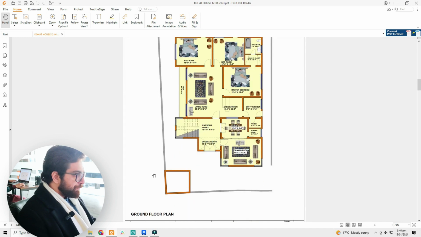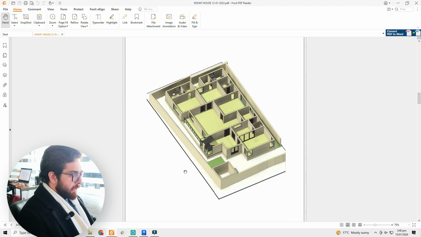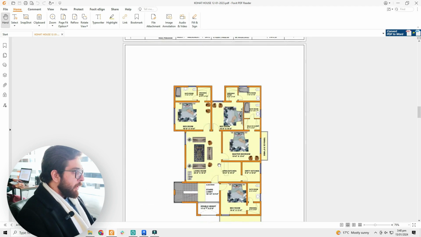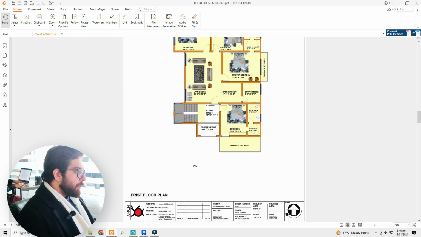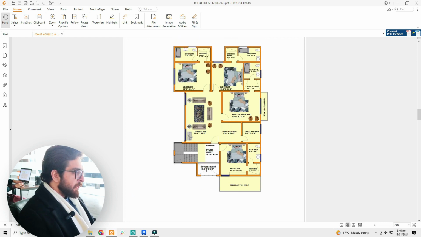Moving further to the 3D, if you can see the floor plan 3D, so these are the spaces that we provided. When we move on to the first floor, you can see that there was a glass bridge proposed for the client, so that this lobby creates a kind of a grand entrance, and it doesn't create any kind of claustrophobic effect.